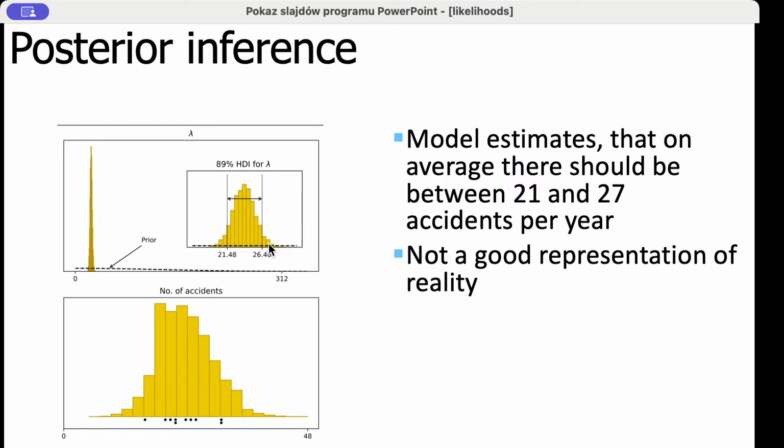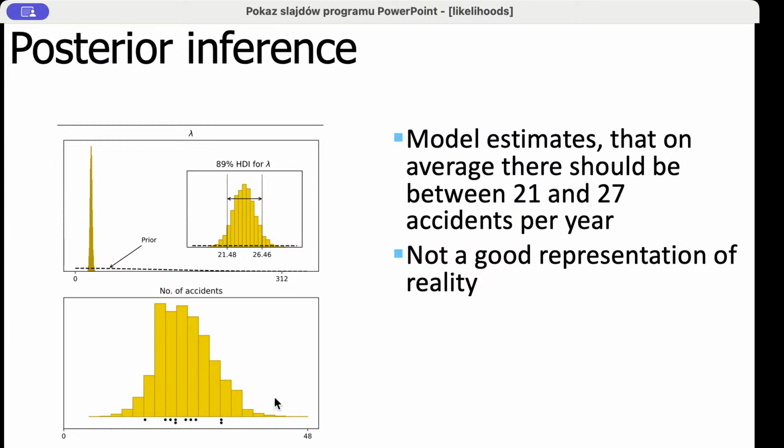Our prior, from the very wide one here, constricts itself to an interval of approximately 22 to 26.5.